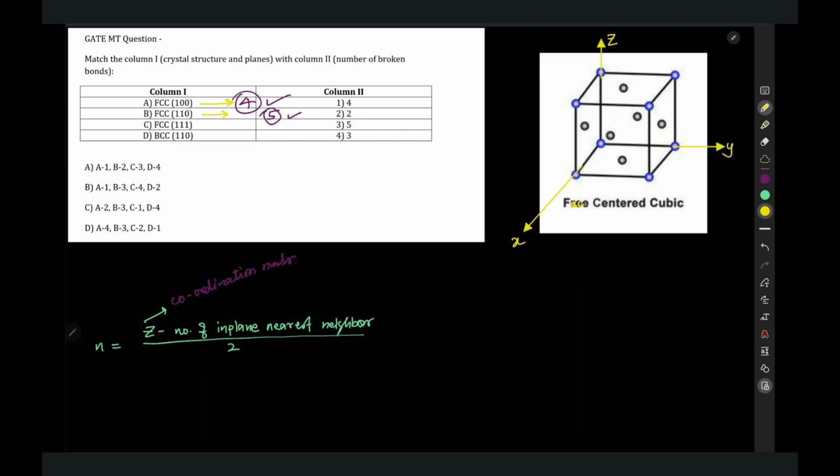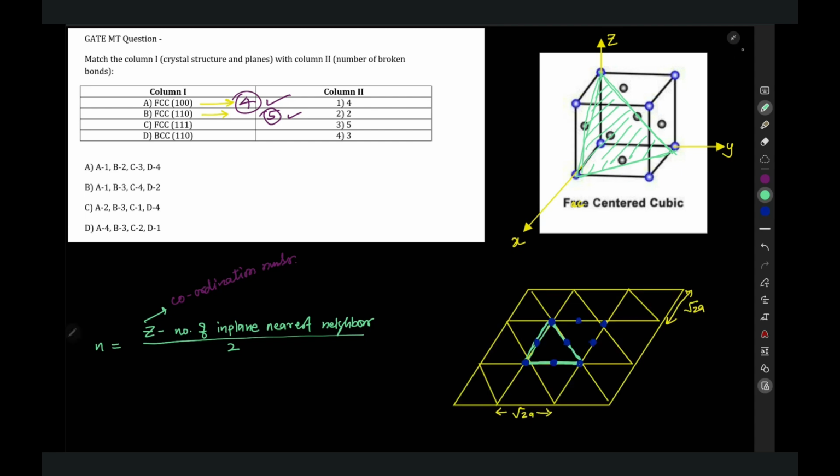Now we will calculate the number of broken bonds for the FCC 111 plane. Which is the 111 plane? This is the 111 plane. Now we will draw the 111 plane in extended version. After drawing the 2D extended structure, we can see that for a particular atom, the nearest neighbors are this one, this one, 1, 2, 3, 4, 5, and 6, which are at a distance of this one.